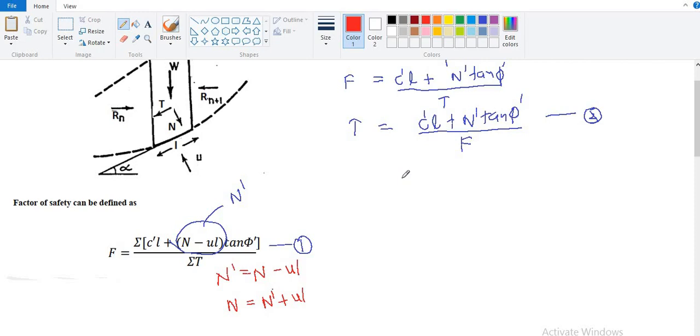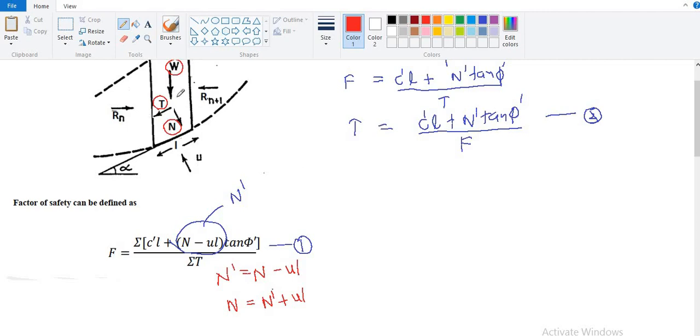If we take again this free body diagram, the N and T and this W, we know N and T are components of W. That we already know.